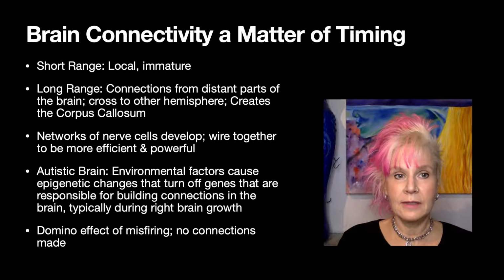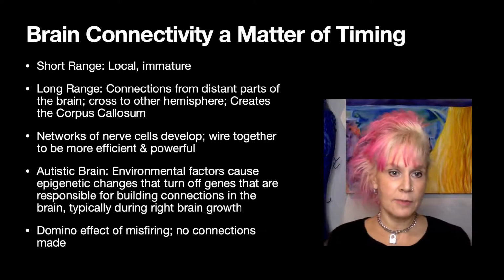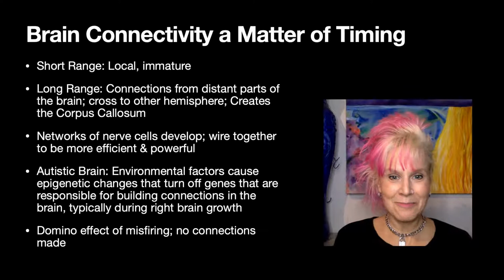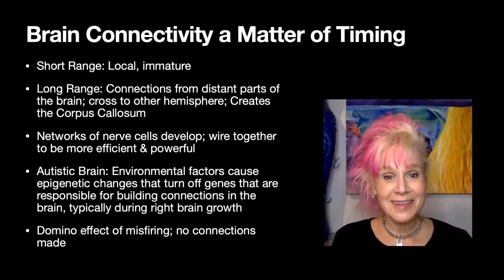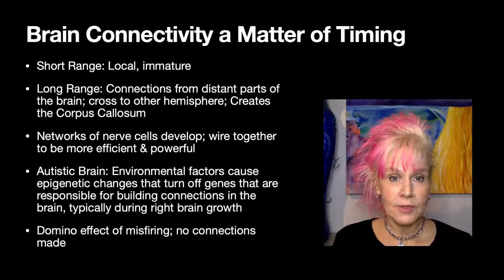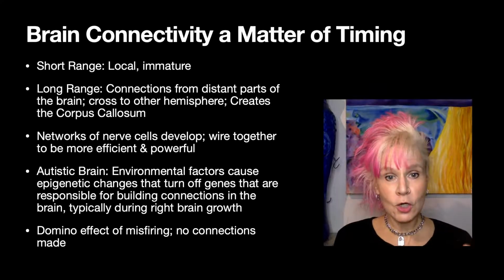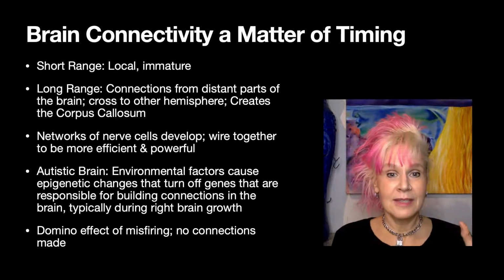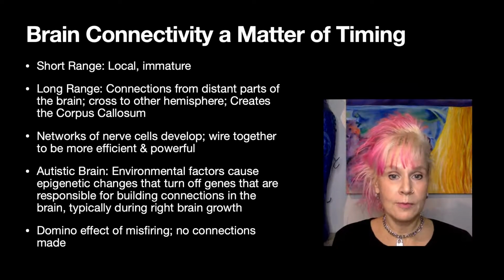So this brain connectivity is really a matter of timing. Remember in our studies, they talked about long-range connections that are coming from distant parts of the brain, crossing to the other hemisphere, and that really creates that bridge called the corpus callosum. Well, first what happens is local connections in the baby, which are more immature.